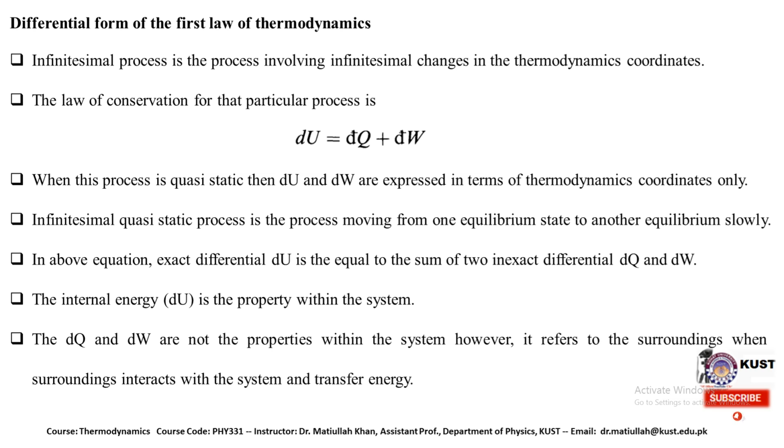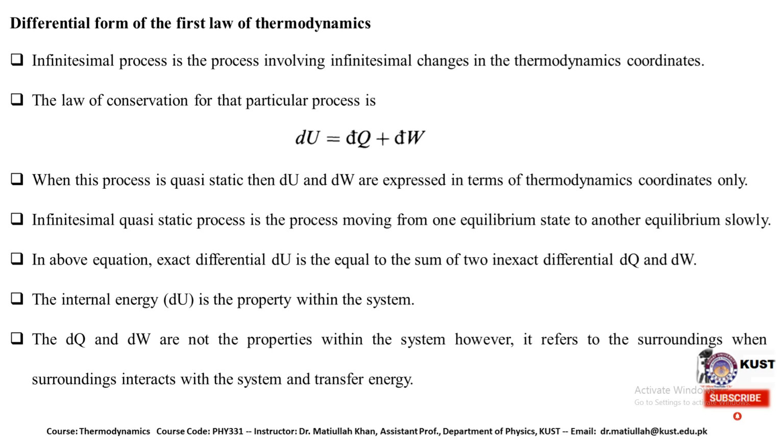but it is equal to the sum of two inexact differentials, dQ and dW. dQ is not an exact differential. Similarly, dW, that is work, is also not an exact differential.